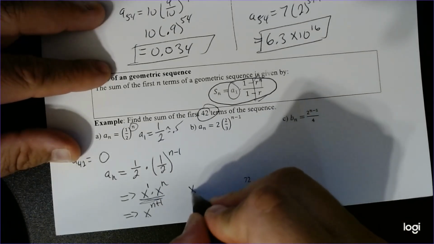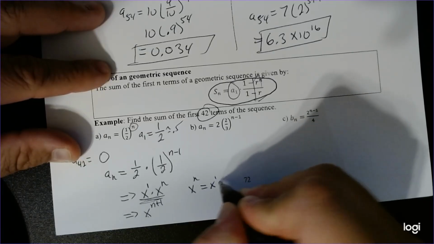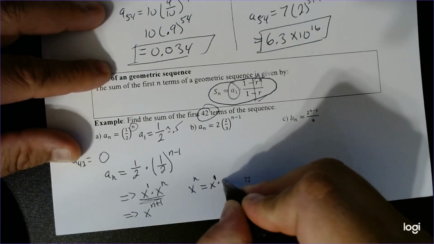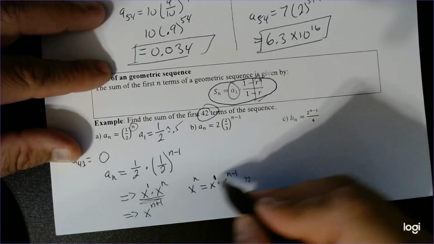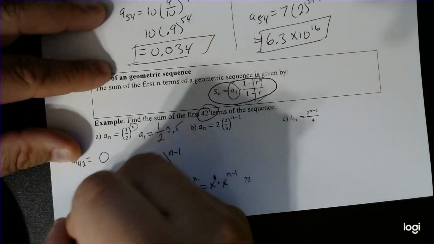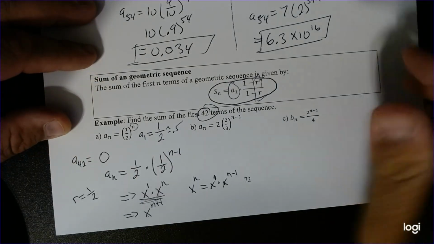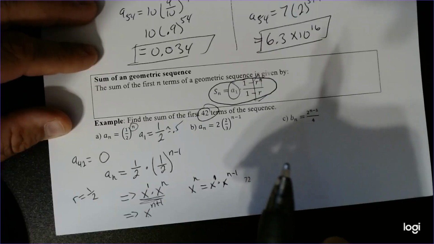So I would split up x to the n to be x to the first times x to the n minus 1. Because what happens when I add them together? The ones cancel, and I just get n itself back. Okay. So now you know that the r is actually 1/2. So just very deceptive, just in case of that kind of part there.